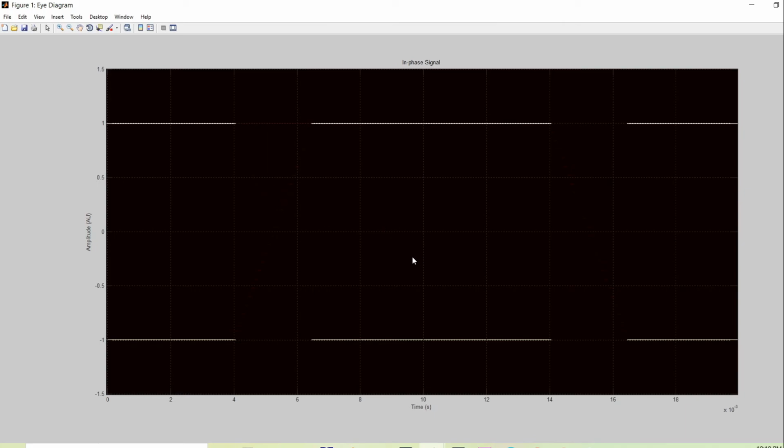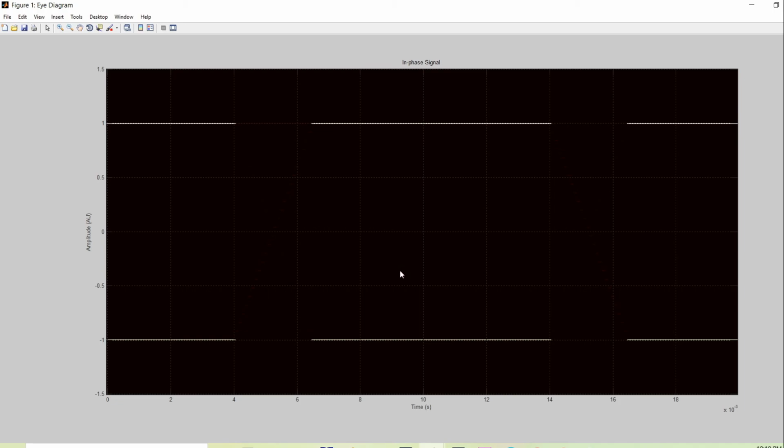In this way we can analyze the eye pattern, and we can see that it can be used to measure different parameters, and thereby we can decide at what interval we can sample our signal, or how much noise is being added to our signal, whether it is there in the rise time, fall time.